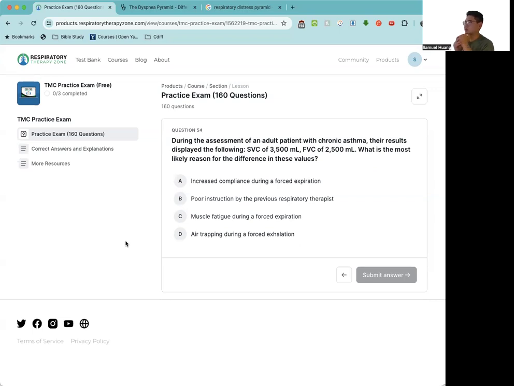Chronic asthma. So their slow vital capacity is 3,500. Forced vital capacity is 2,500. That just means there's a large difference. Vital capacity is basically the living capacity, so it's not the residual volume. It's like taking a deep breath in and then out, so your vital capacity as well as your expiratory capacity.